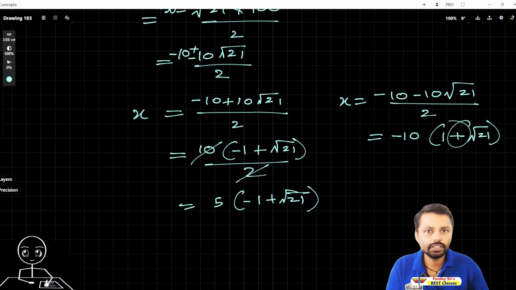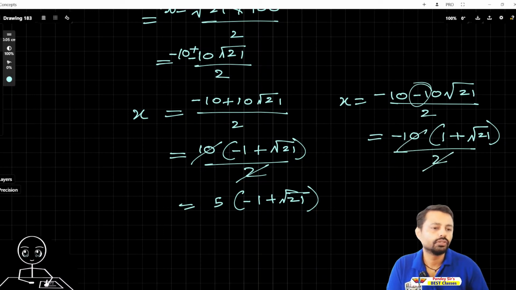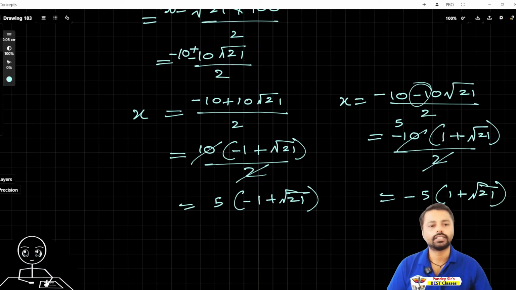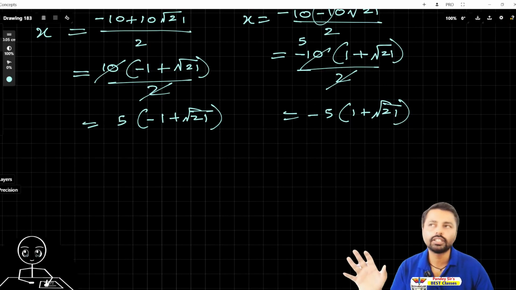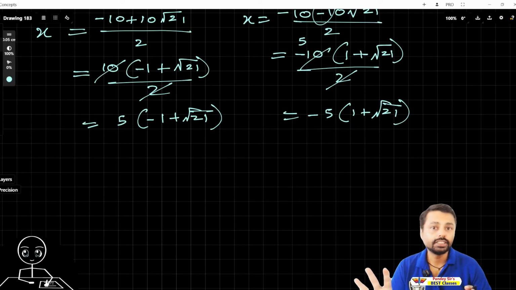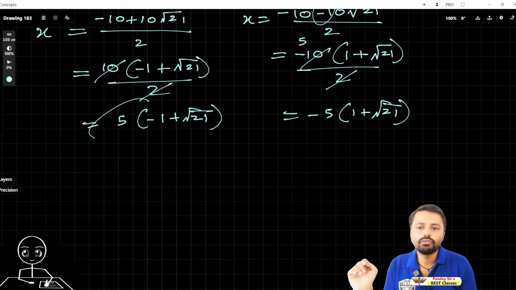Here also minus, so I can take minus common, 2 and 2 is 5. So here we get minus 5 in bracket 1 plus root 21. These are the answers. So we could not do it with factorization because there is no integer, exact perfect square number. So each person is getting either 5 rupees or minus 5 rupees.